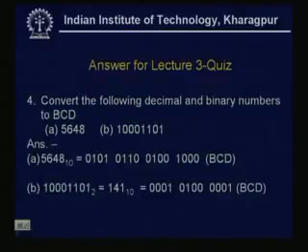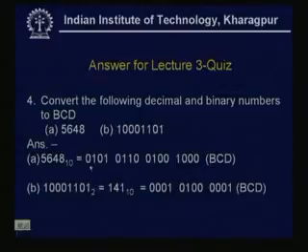Now, the last question was the conversion from decimal and binary numbers to binary coded decimal, the BCD value. The first number was 5648 in decimal. The way we have defined binary coded decimal, we take 4 binary digits for each decimal digit.